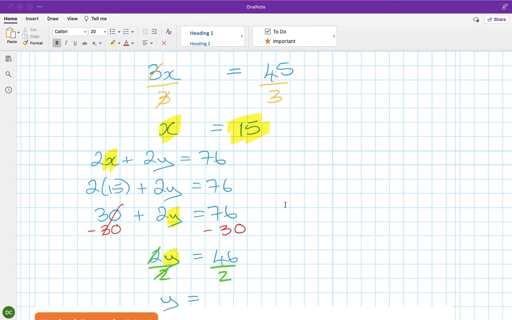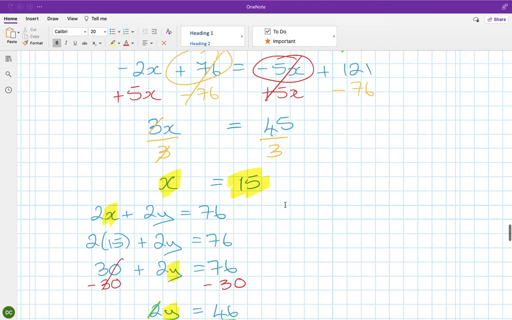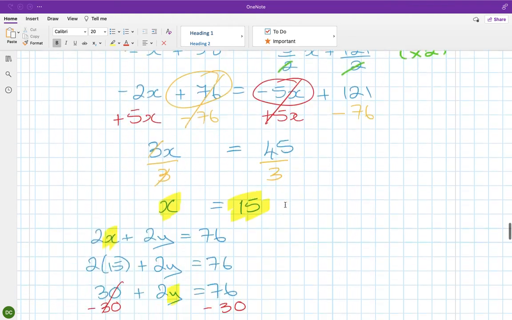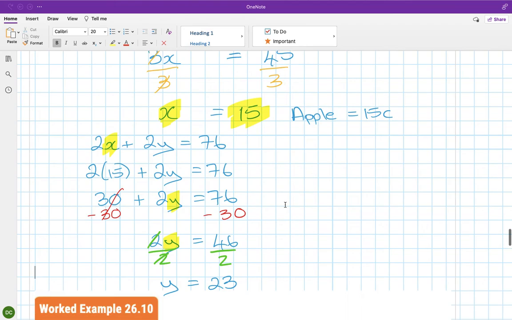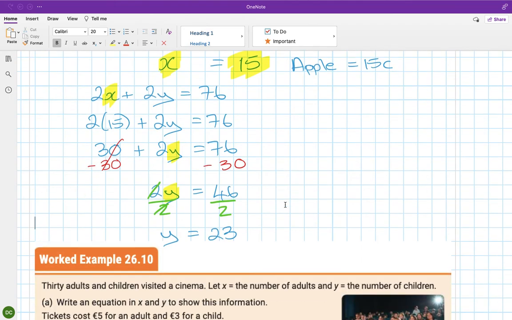So y equals 23. So x is 15 and x was the cost of the apple. So from here we get that the apple is 15 cents. And then y was the cost of the orange. So the orange is 23 cents.